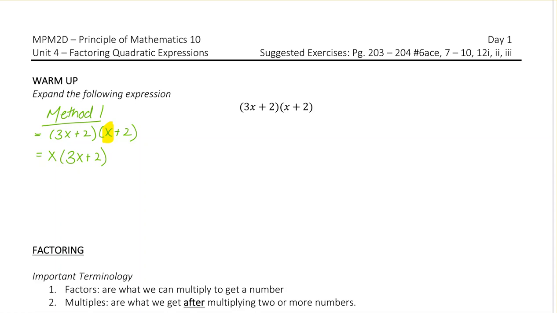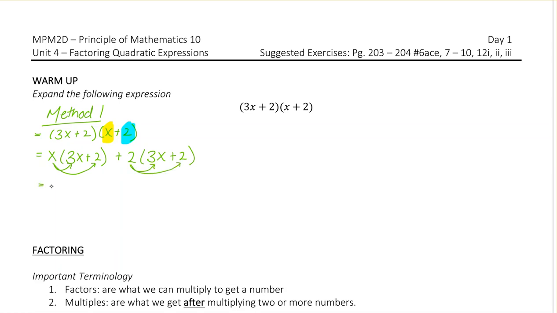Then you're going to take that second term of plus 2, and you're going to again multiply that by everything in your first bracket. And then this is simply distributive property here and here.